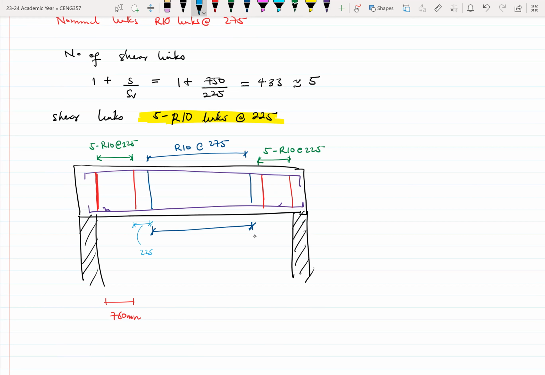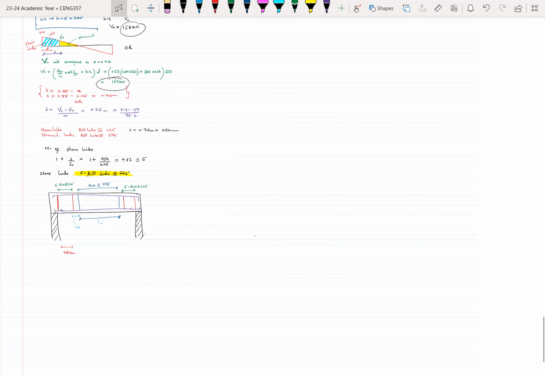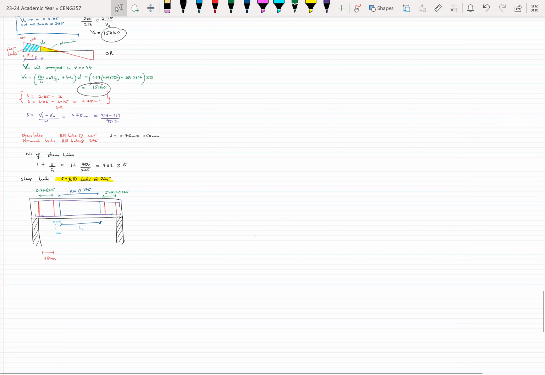So we can easily find this distance, let's say LN, and then determine how many we need. All right. So I think that should be about it for this question. Just go through it. If you have any questions, we'll touch base on whatever questions you have.